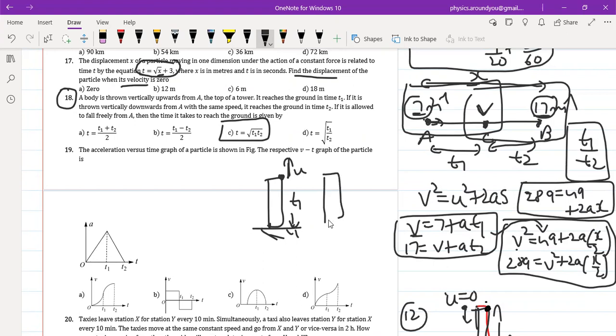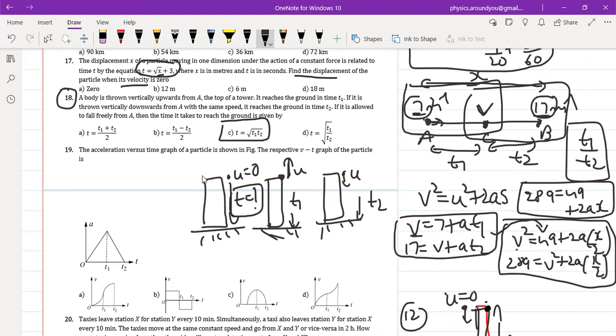From the same building, if I throw a stone vertically down with the same speed, it will land in T2. What would be the time taken by the particle if it is just dropped to go the same distance? T equal to question mark.